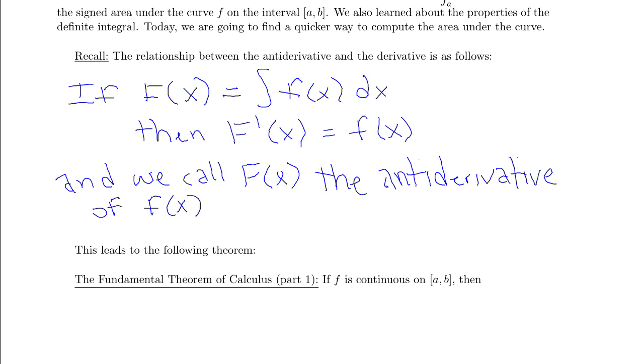Okay, so again, this concept of an antiderivative, the concept is we are going backwards. So we have the derivative of a function and we're going back to the original function. You can think of it that way. So we're finding a function whose derivative is the one that we're looking at.